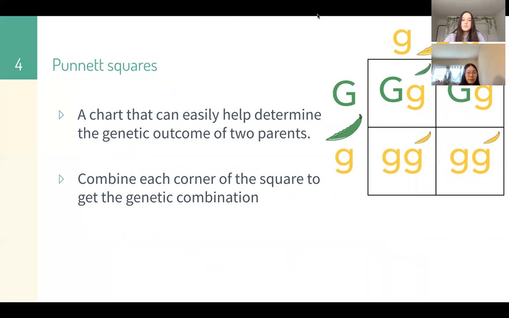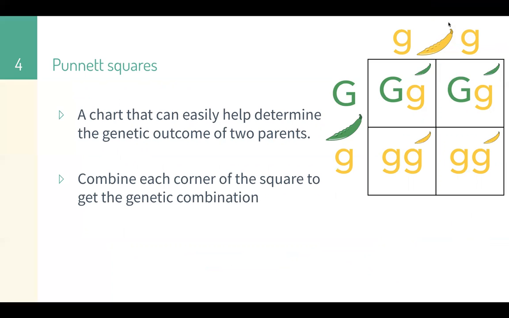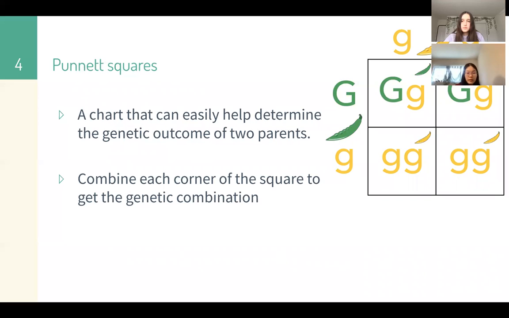So the way that we're going to determine what genes and traits each offspring is going to have is through Punnett squares, and they're basically a chart that can easily help determine the genetic outcome of the offspring from the two parents. And you basically combine each corner of the square to get the genetic outcome.